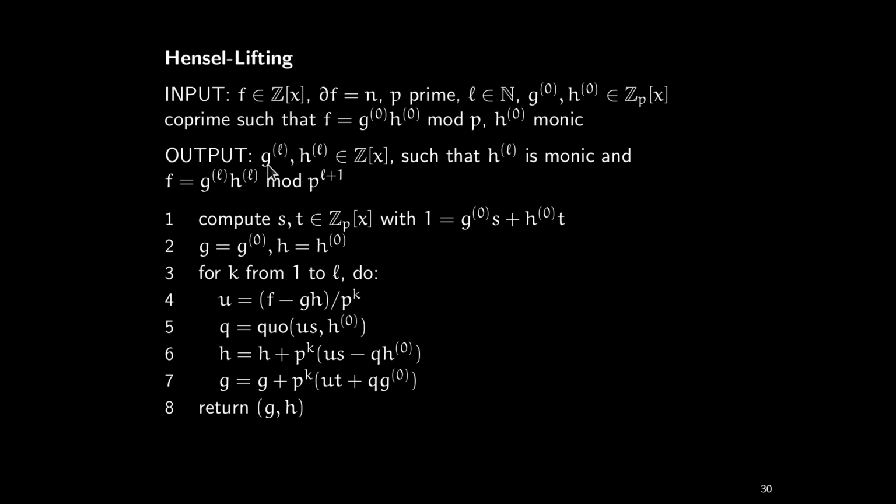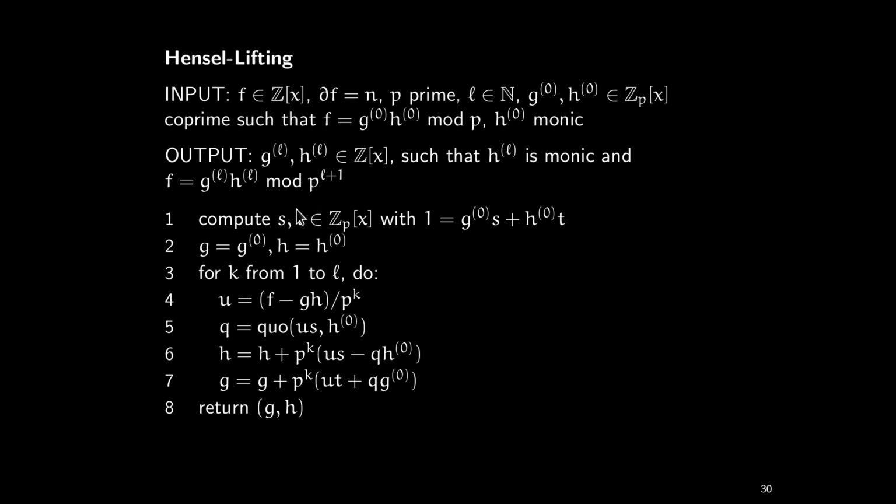And what we want is the lth pair of g and h in this power series expansion. So we want to get two integer polynomials, such that HL is still monic, and the product of these two output polynomials is f mod p to the L plus 1.